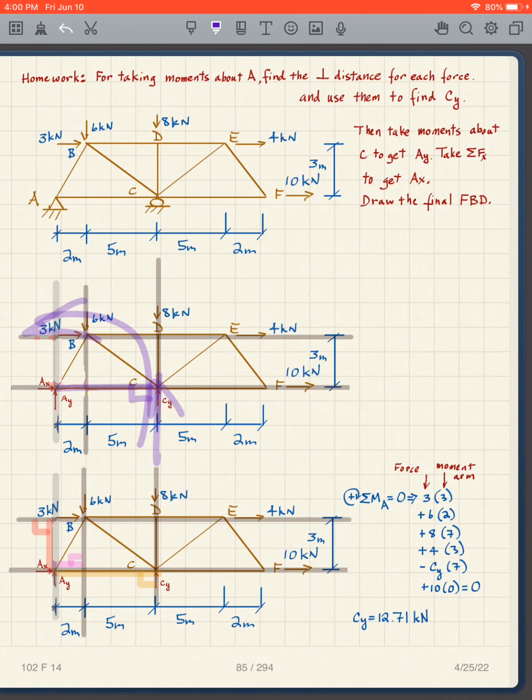It's going to knock it counterclockwise, so it's going to be minus CY times 7. And then we're going to notice this 10, what happens to it? It goes right through point A. So it's 10 times 0, or you just ignore it. So the line of action goes right through point A, so it's 10 times 0. I solve that for CY, I get 12.71.